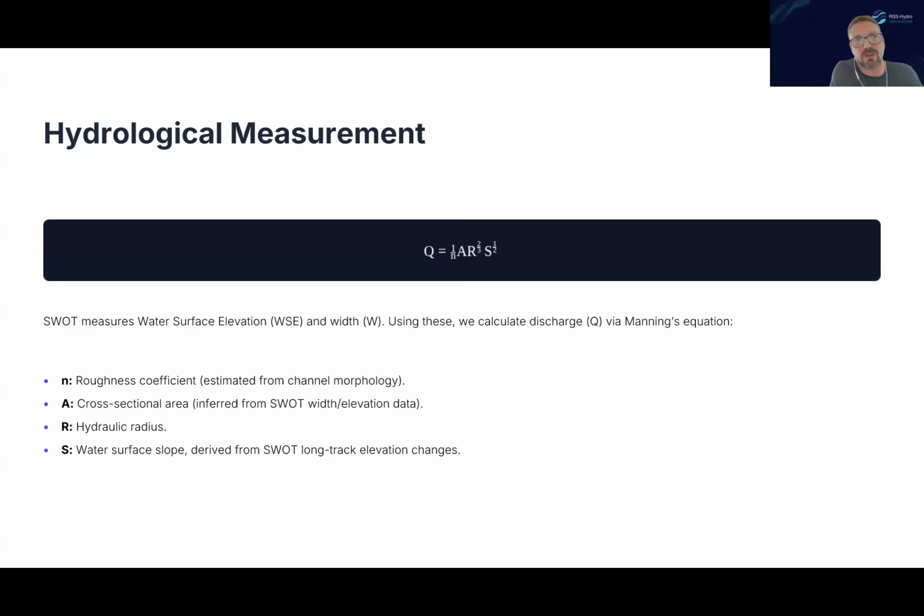You hardly ever get to the bottom of the river because you have water on top. But if you have enough measurements from SWOT, rivers should technically change in water level and width over time enough that you can start to estimate your A0, the bottom of the river. If you have that and you make some assumptions about the roughness, you could essentially get to discharge.